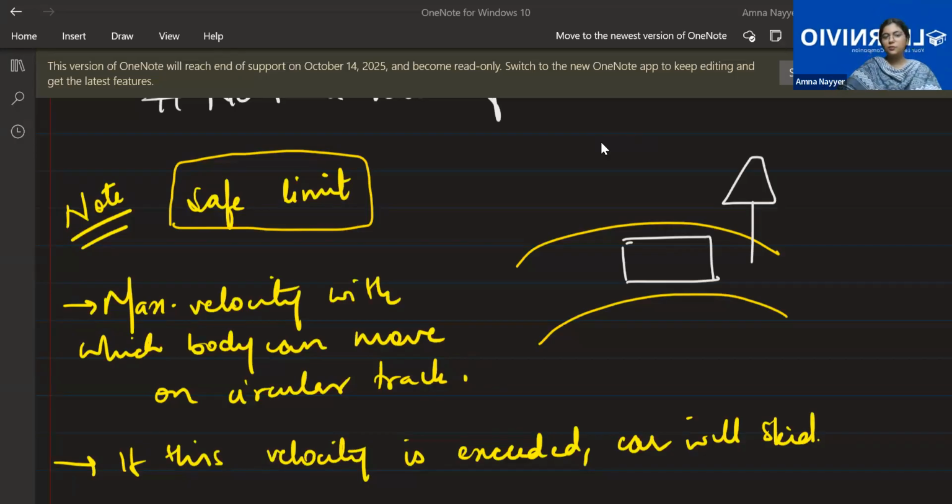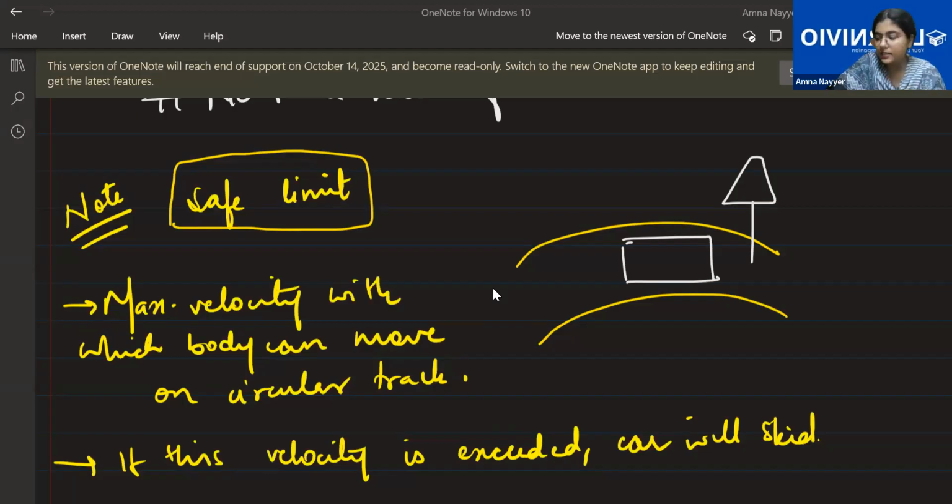See, when the turns are there, the car will have a tendency to skid away outside. So every vehicle, all the cars, trucks and bikes, has a particular safe limit.